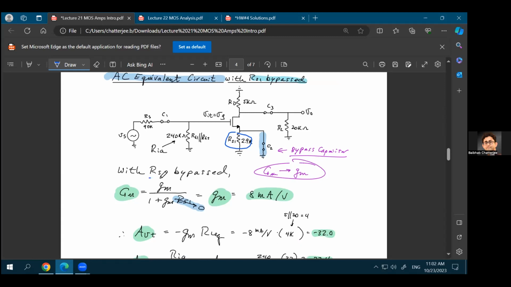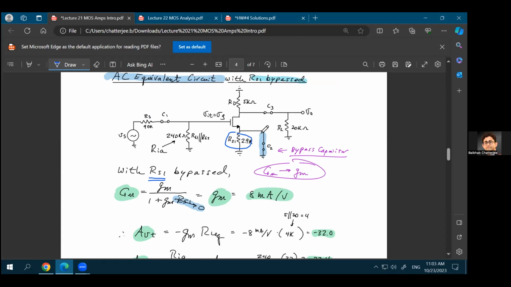So if the source resistance RS1 is bypassed with another capacitance, which means that for your AC analysis, you can assume that capacitance to be a short, then there will be no degeneration resistance in the effective scenario. So in that case, your capital GM will be small gm divided by 1 plus gm RS with the source degeneration. But because you are bypassing the source degeneration with this additional capacitance, your RS will be almost equal to 0, right? Or RS will be equal to 0.